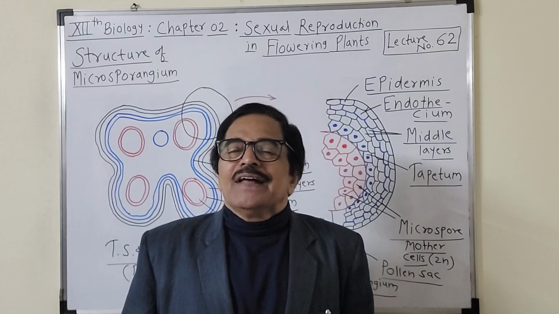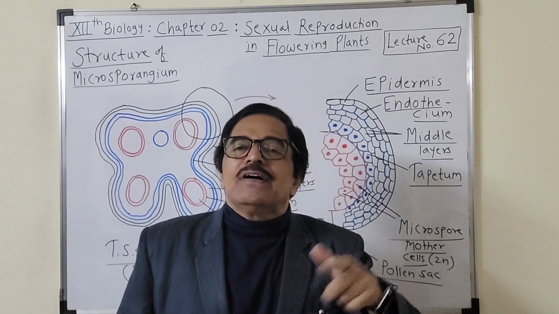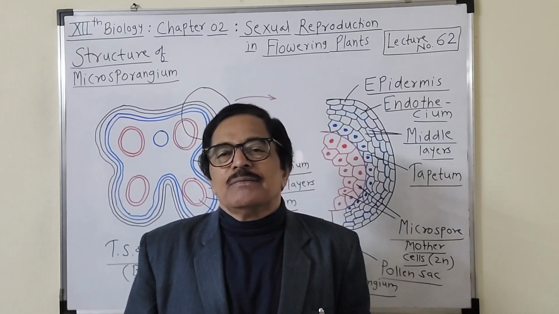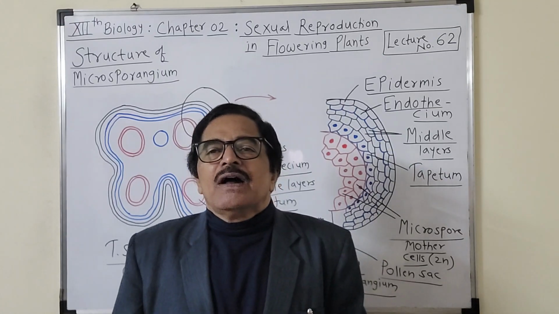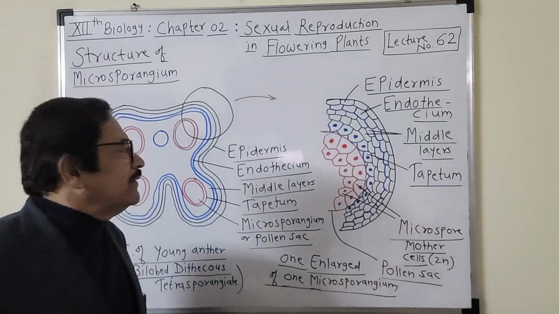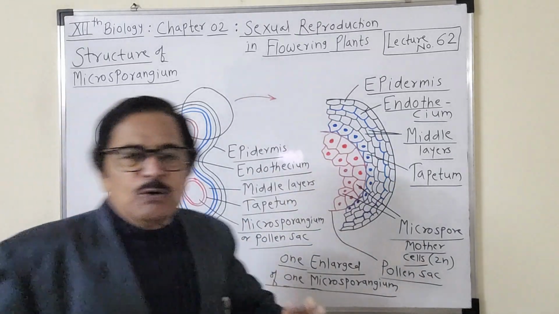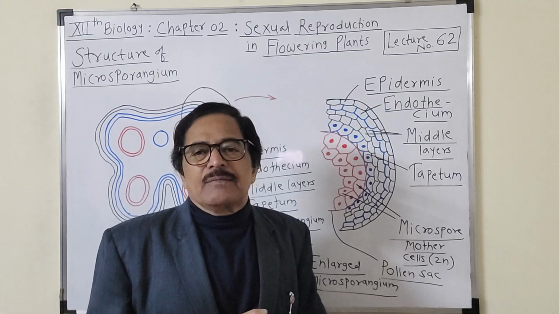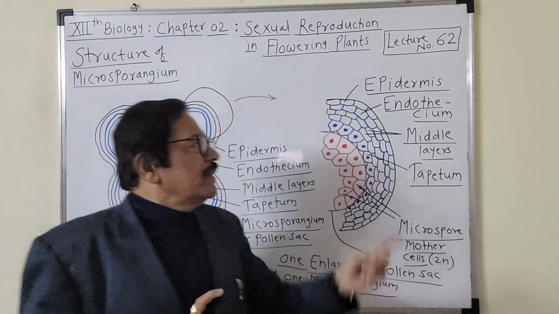The innermost wall layer, which is just the first layer of the pollen sac or microsporangium, is the tapetum. Now you will have to see that the outer three layers are protective. They give protection to the inner pollen sac, to the microsporangia. Which outer three layers?